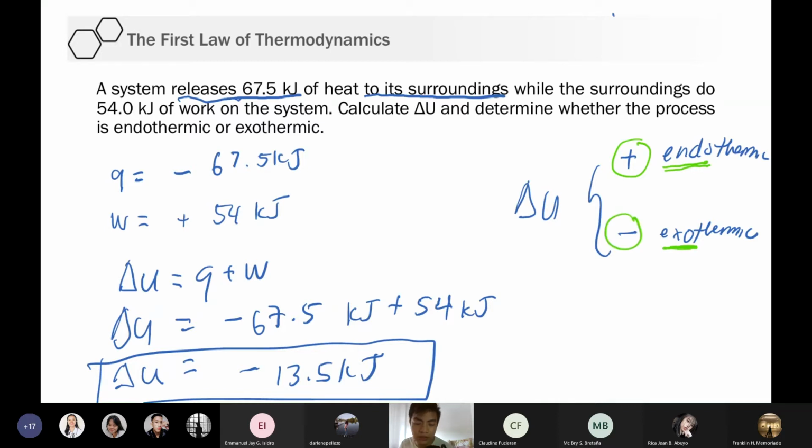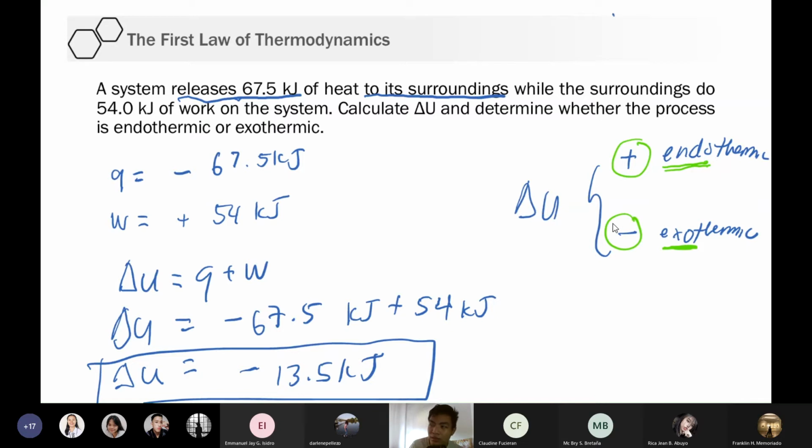Kasi your system is releasing energy to the surroundings. Kaya negative yan. The net energy is negative. Naglabas siya ng energy sa paligid. So, delta U, positive yan kapag endothermic, negative pag exothermic. Meaning ng endo, nag-provide ka ng energy sa system. Basta nagpo-provide ka ng energy sa system, positive yan.